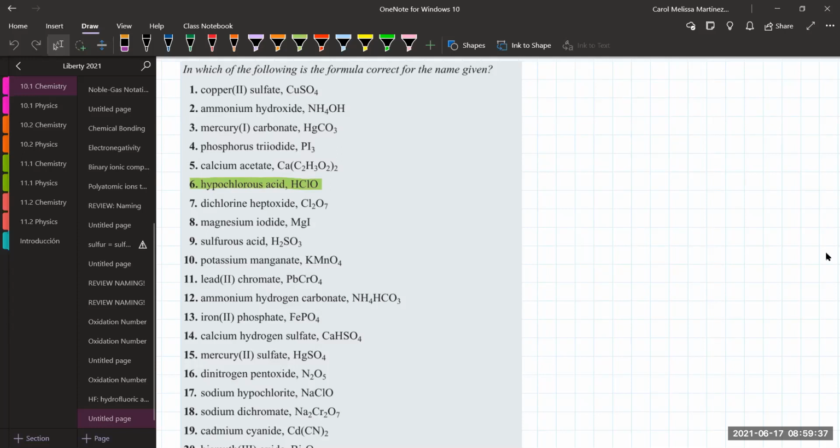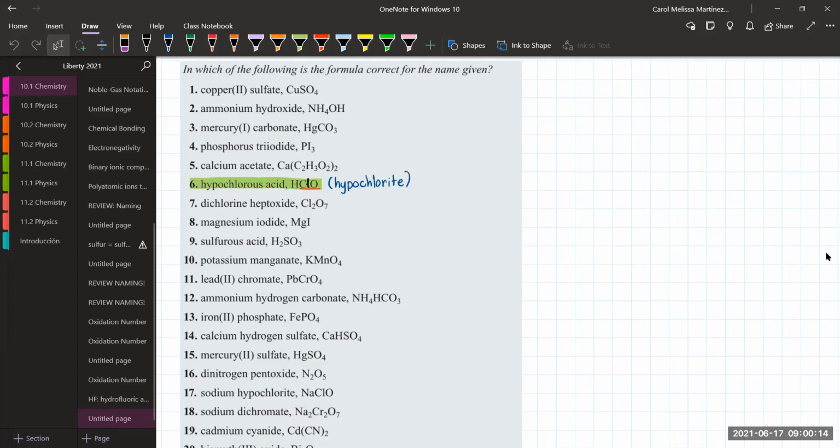To know if it is correct, I need to see always the anion. The anion for this acid is ClO. This is an L, okay? What is the name of that anion? Hypochlorite. So let's see if the name is written correctly.